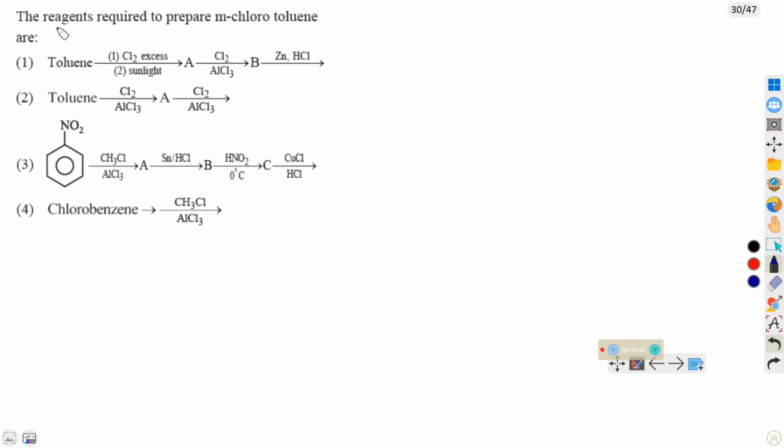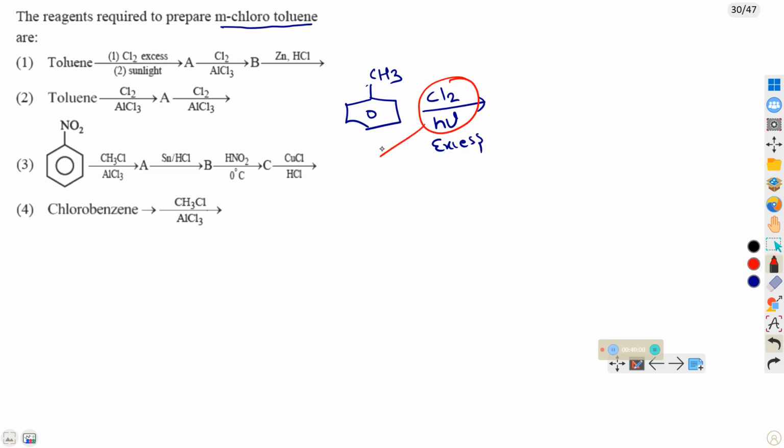The reagent required to prepare metachlorotoluene. Okay, trial and error. Take the first option. Toluene, you can take C6H5CH3. Chlorine in the presence of sunlight, take excess amount, condition is given. Chlorine in the presence of sunlight favors allylic or benzylic substitution.